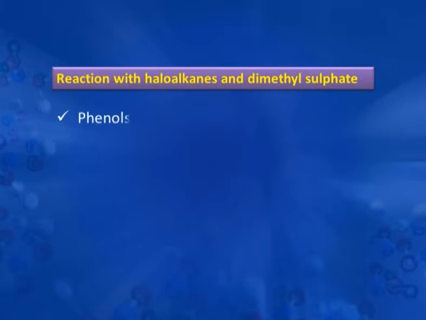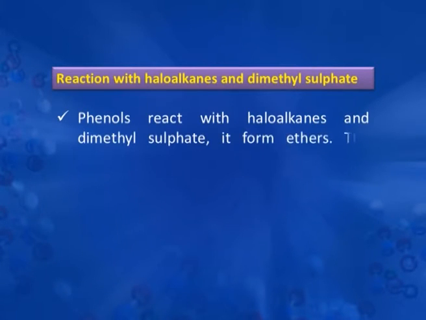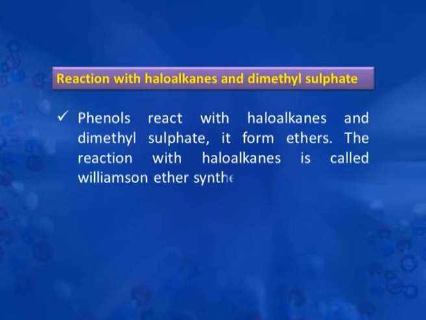We will now discuss the reaction of phenol with alkyl halides or haloalkanes and dimethyl sulfate. When phenol reacts with either alkyl halide or dimethyl sulfate, it forms an ether, and the reaction is called Williamson ether synthesis.